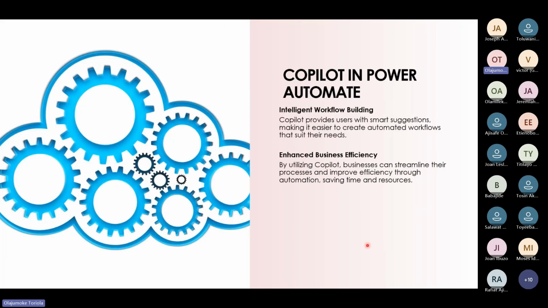With Copilot in Power Automate, users can easily build workflows by receiving intelligent recommendations for automation that can help them enhance their business needs efficiently. So what Copilot in Power Platform does is that it simplifies automation creation using, just like I said, natural language expression. That's the most important thing for Copilot.